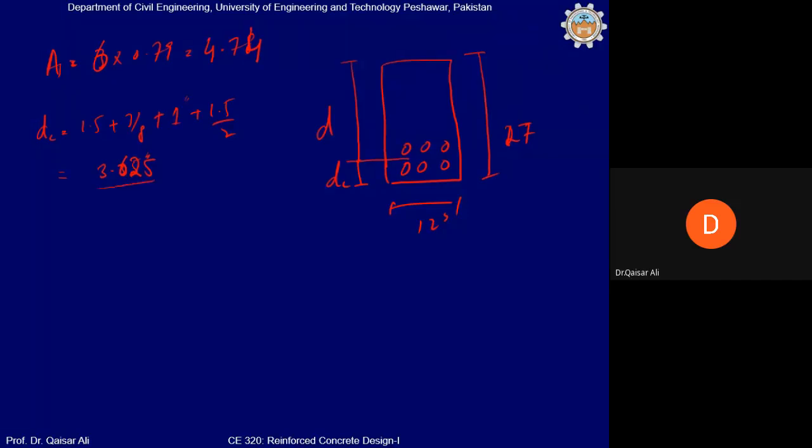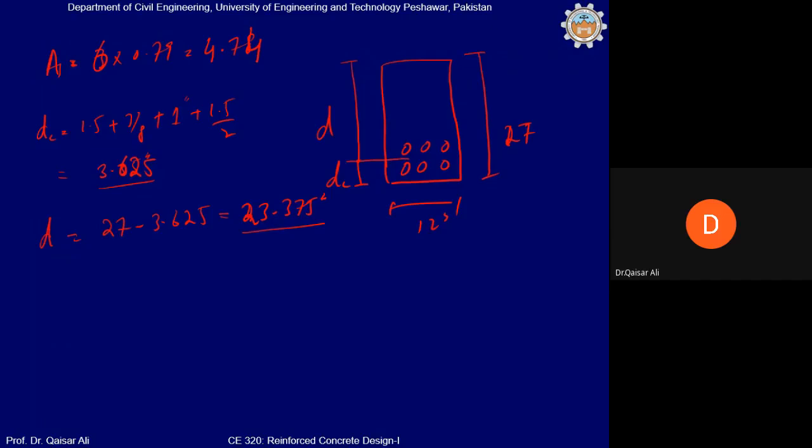Now from this, calculate the actual D, which will be equal to 27 minus 3.625. कितना आ रहा है? 23.375. अब आप देखें, it has been substantially reduced.